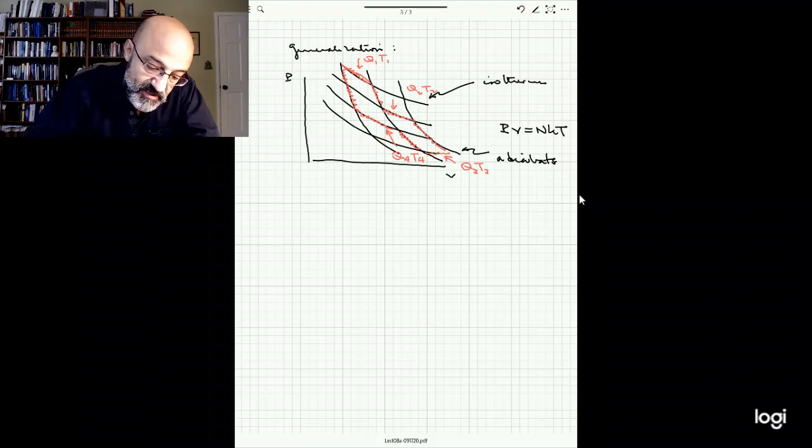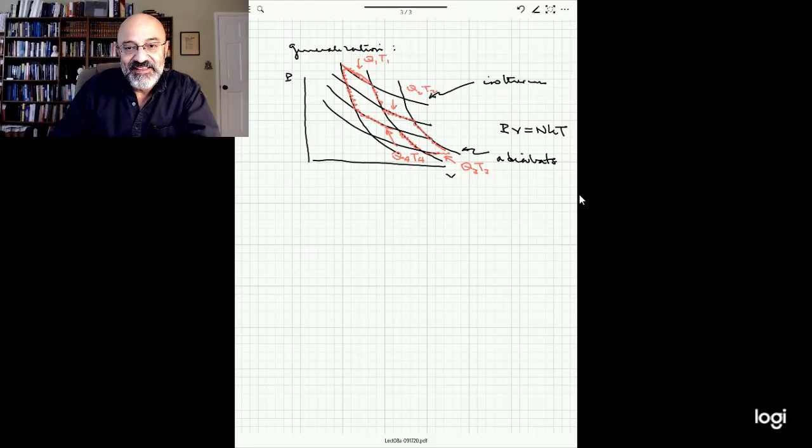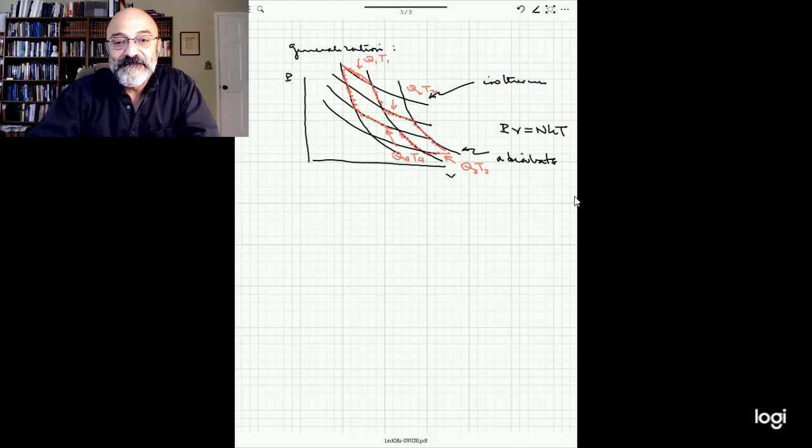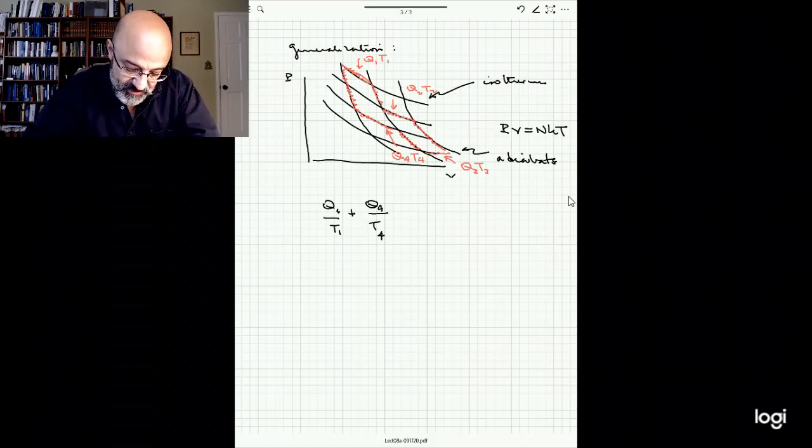So now let's write out what kind of inequality we could get in this situation. Well, we could say, let us consider the quantity Q1 over T1 plus Q4 over T4.